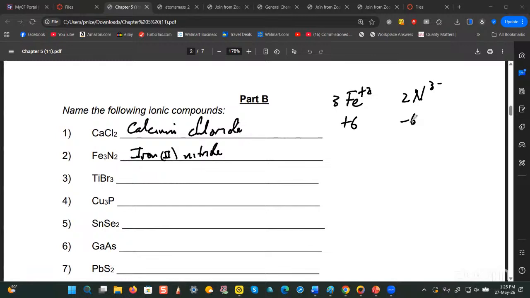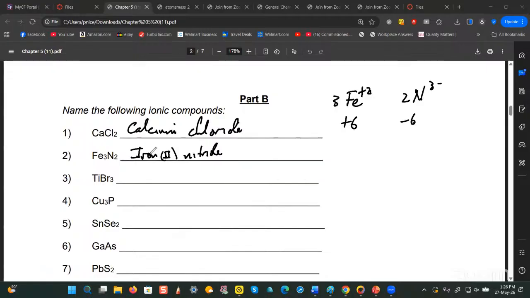Exactly. Okay, so let me hear what you have to say about number 3, TiBr3. What do you think the name of that is? And again, you're going to need a list from your tables. So what do you think the name of that compound is? Titanium bromide. Well, you're partially right.